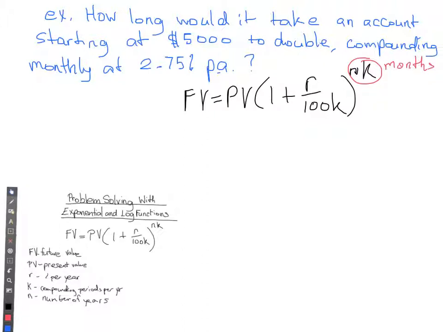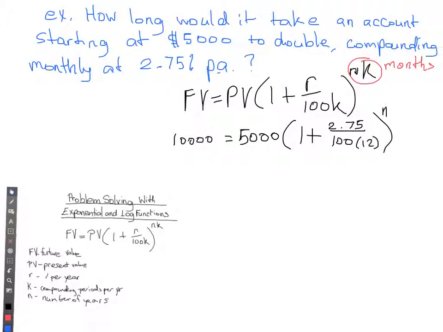Here we have our future value. We want our money to double, so our future value is therefore 10,000. We're starting off with our present value of 5,000 times 1 plus R, the percent interest per year, which is 2.75 over 100, and it's compounding monthly, so 12, to the number of months.